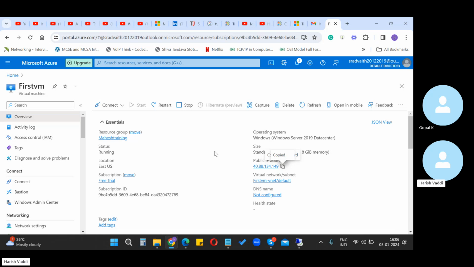That lease period would be around 8 days for the same client. So after 4 days, it will send a renewal request so that the same IP can continue.